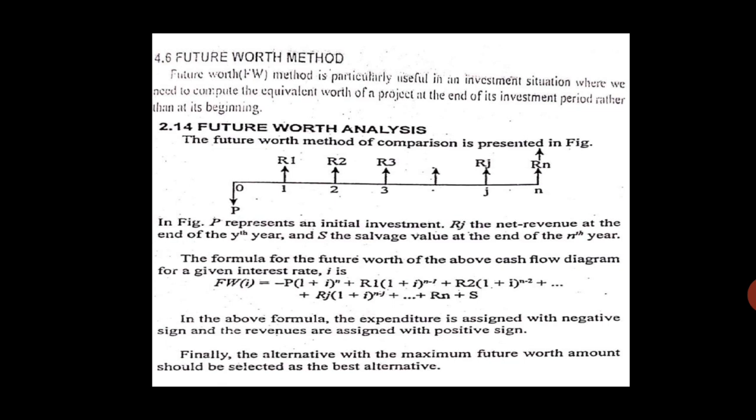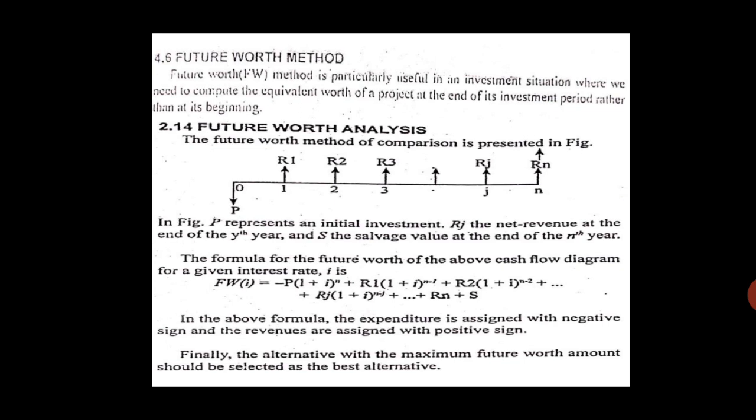So the formula for the future worth in the above cash flow diagram with the interest rate i is given as: future worth at interest rate i is minus P, because P is the investment, so now it becomes minus P(1+i)^n plus R1(1+i)^(n-1), similarly continues, and lastly you get Rj(1+i)^(n-j) plus Rn plus S.